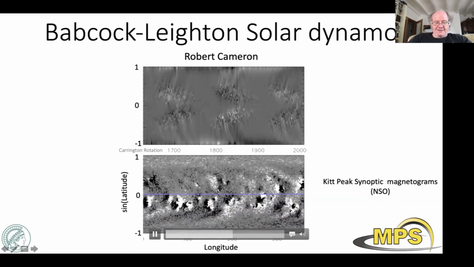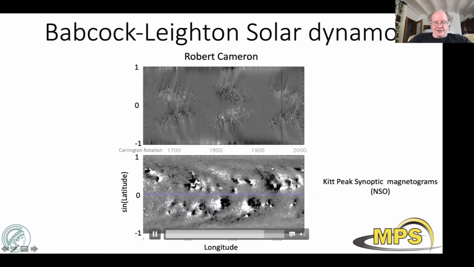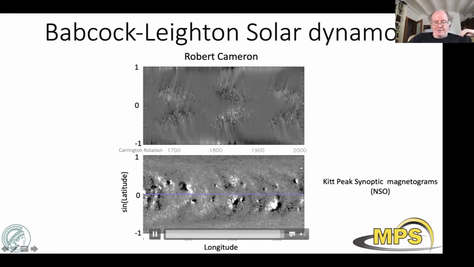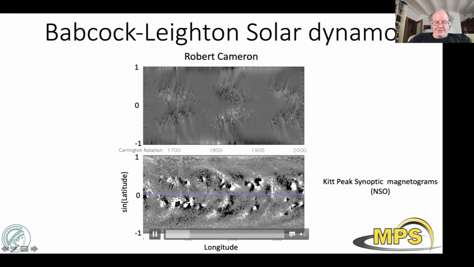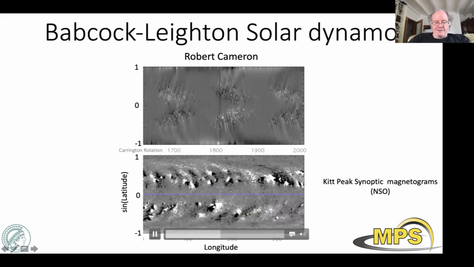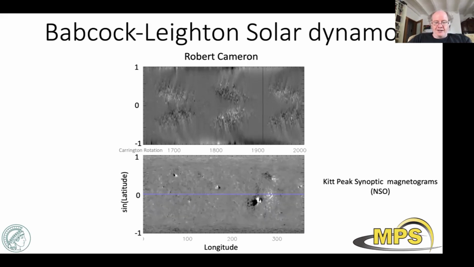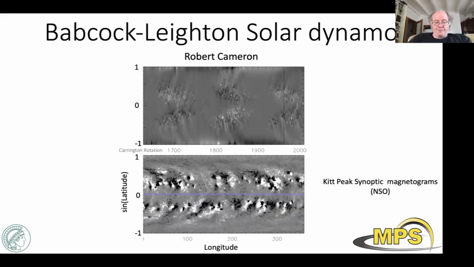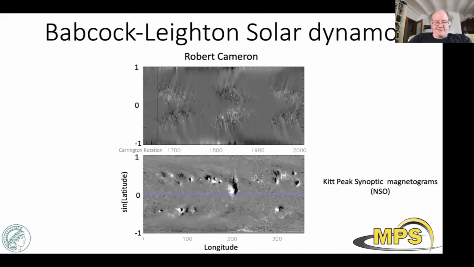Basically, the sun takes 1 Carrington rotation to rotate around, and so every Carrington rotation, we can make a new map of the flux on the surface. If you look at this series of images, you'll see magnetic field popping out from below. When it pops out, it does so in the form of bipolar pairs, i.e. patches of positive and negative flux.